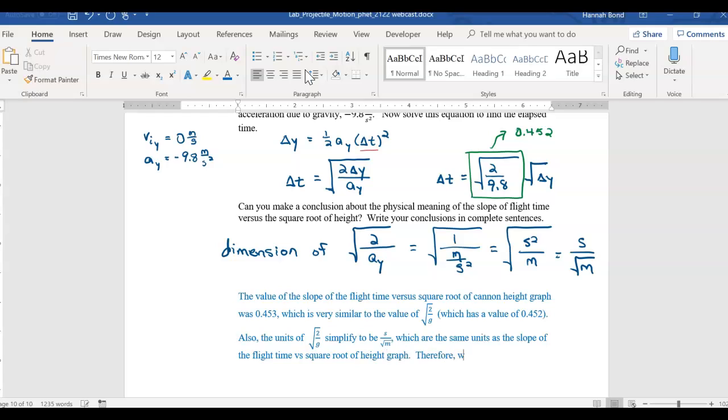Therefore, we conclude that the slope has a physical meaning, which is the square root of 2 divided by the acceleration due to gravity.